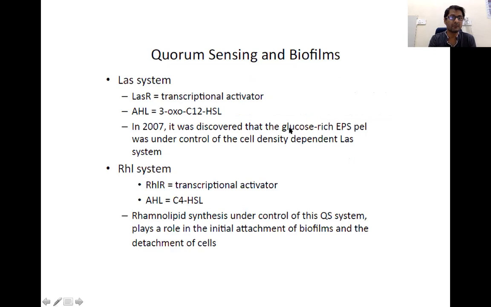Initially, if you remember, I told you about Pseudomonas aeruginosa and one of the polysaccharides present there, psl, which is under the control of the LasR las quorum sensing system. Then another one is the rhl system, where the transcription activator is RhlR and the autoinducer is C4-HSL, and this is required for rhamnolipid synthesis under the control of this quorum sensing system. It plays an important role in the initial attachment of biofilm and the detachment of the cells.